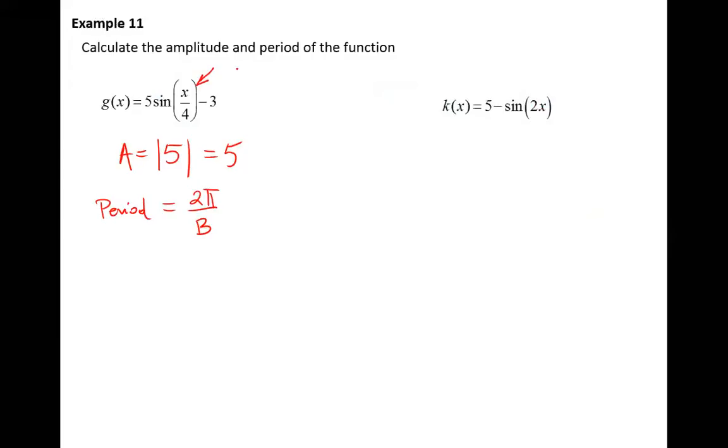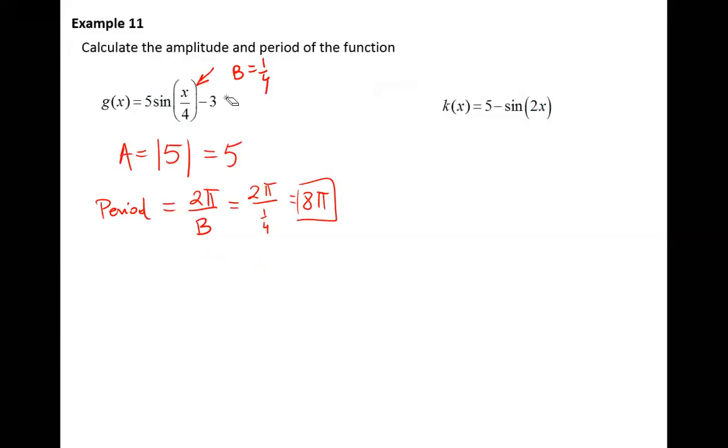And looking at this, b is actually 1/4. 2 pi divided by 1/4 means multiplying by the reciprocal. 2 times 4 is 8 pi. Okay, that means the period is really stretched, really long, like a sine curve.